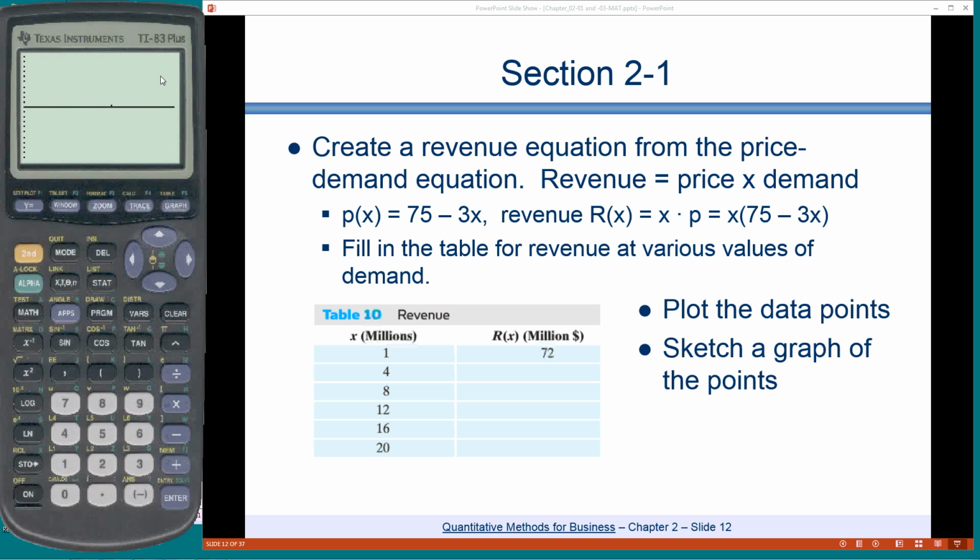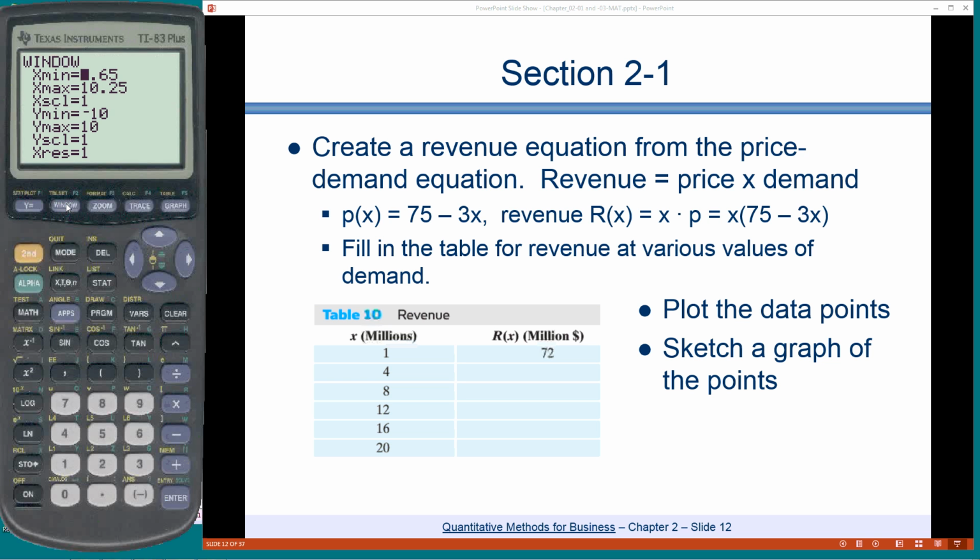Oh, wait a minute, I'm not seeing anything here. Why? Well, on the calculator, you need to scale the x-axis and the y-axis appropriate to what your function is. How do you do that on the calculator? That's all controlled under the window button.